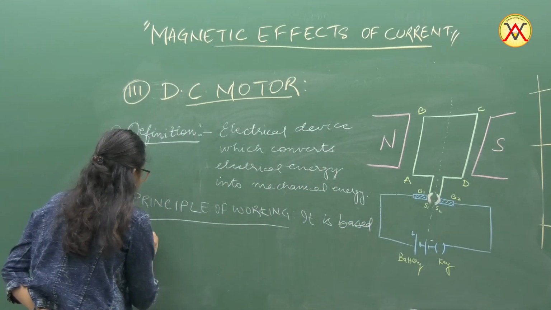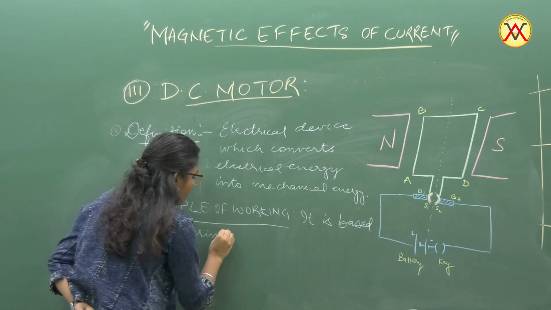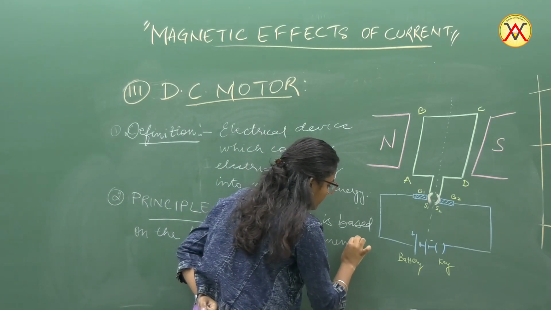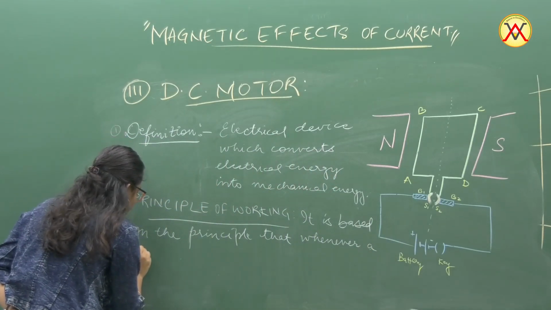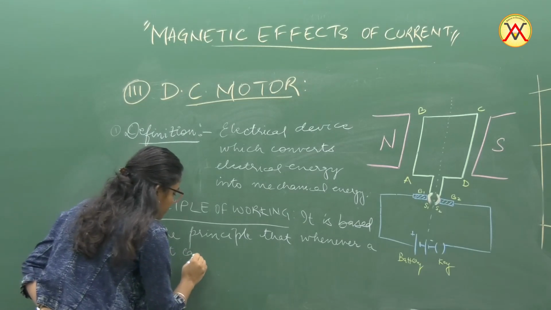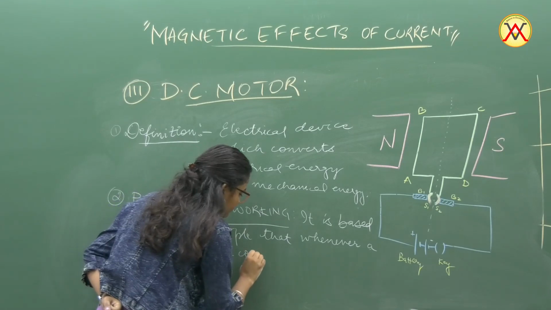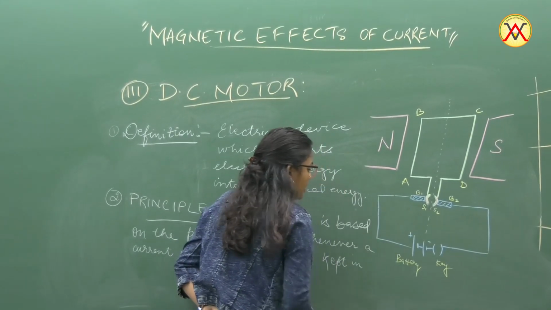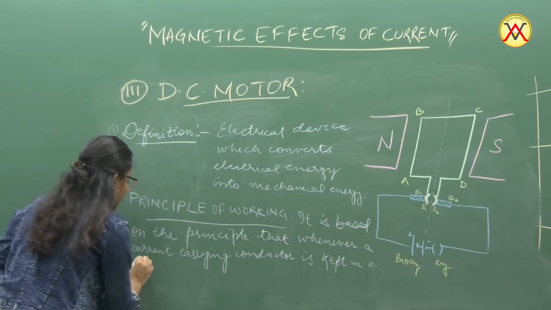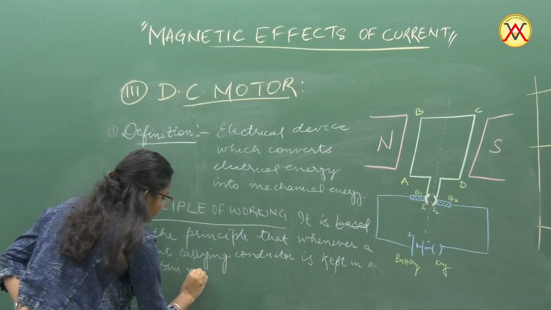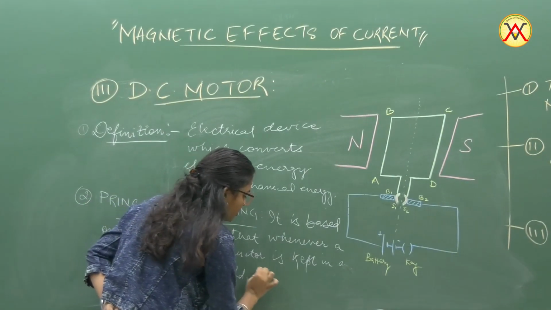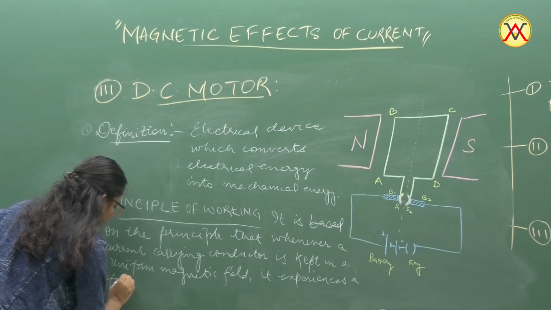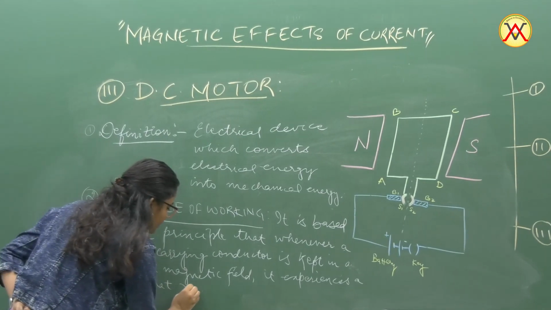it is based on the principle that whenever a current carrying conductor is in a uniform magnetic field, it experiences a force that rotates it.